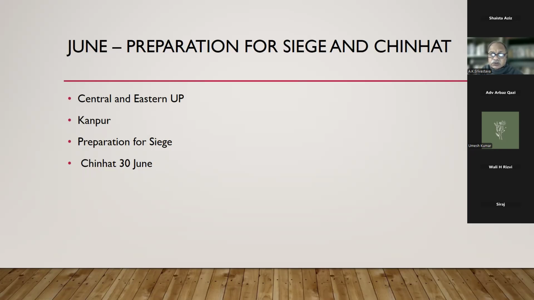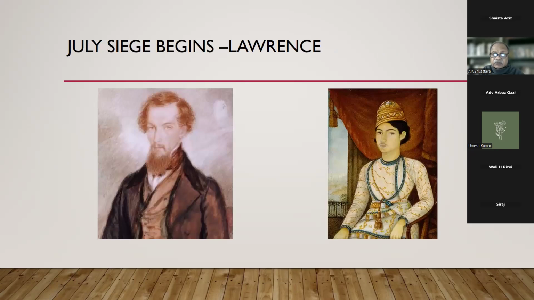On 30th June, one of the most important battles of 1857 was fought at Chinhat, probably the only frontal battle where Britishers lost and lost heavily. After this loss at Chinhat, they were all confined to the Residency and the siege started from the 1st July.